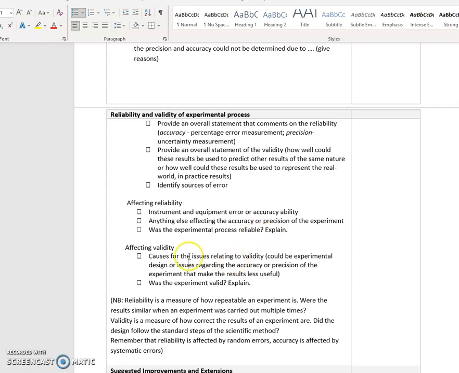It could be anything, and they are systematic errors which would affect the validity. So that is what you need to mention in this section.